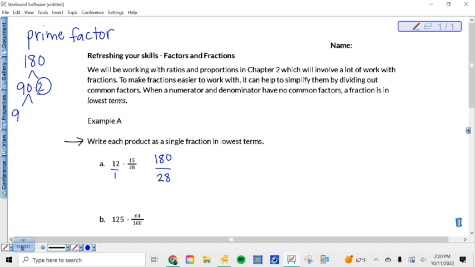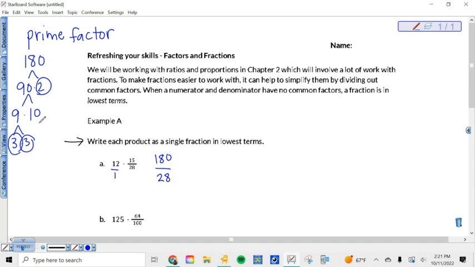Good. 9 and 10. Is 9 a prime number? Can you think of two numbers that when multiplied together give you 9? Perfect. 3 times 3. Is 3 a prime number? Yeah. Only 3 times 1 gives us 3.